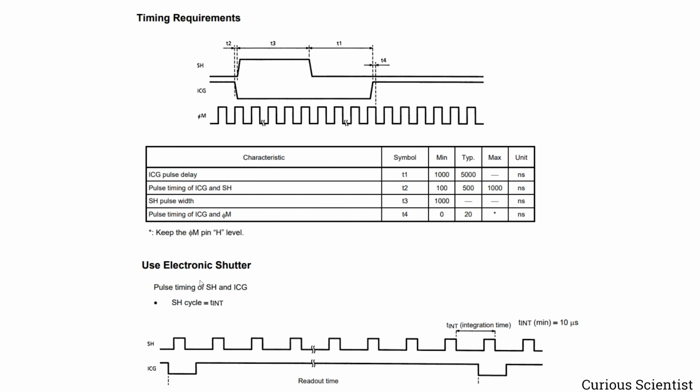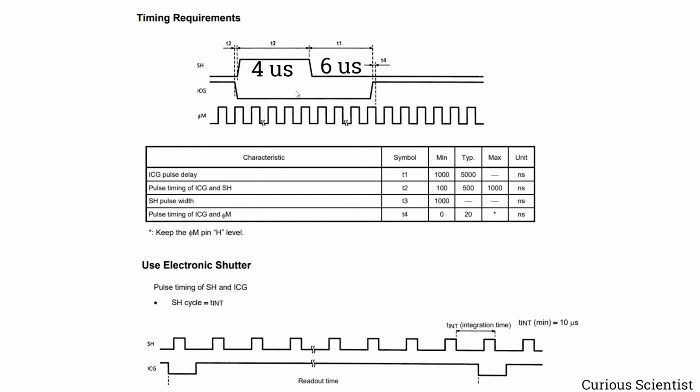And if you use the electronic shutter, then of course we have to make sure that we generate some carefully considered square wave between two ICG pulses. The minimum integration time is 10 microseconds. That is what I explained: my T3 is 4 microseconds and my T1 is 6 microseconds, so 4 plus 6 is 10.